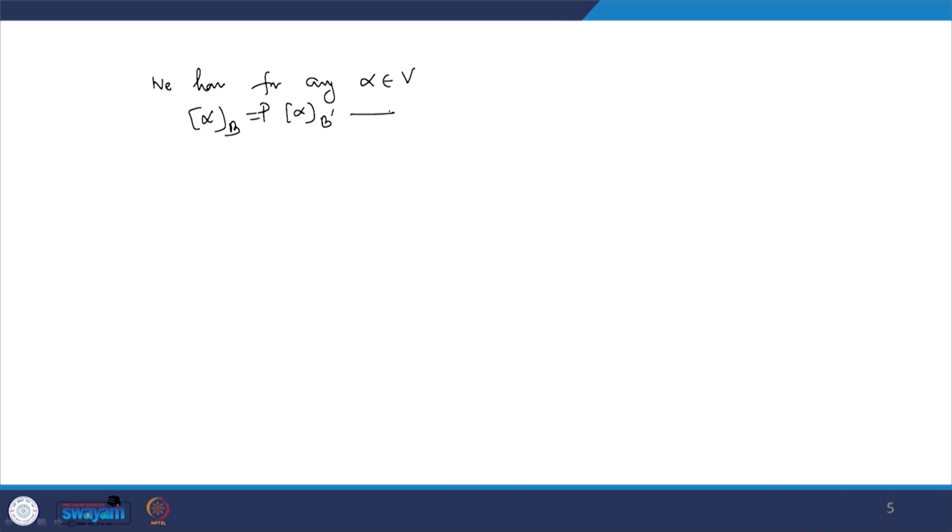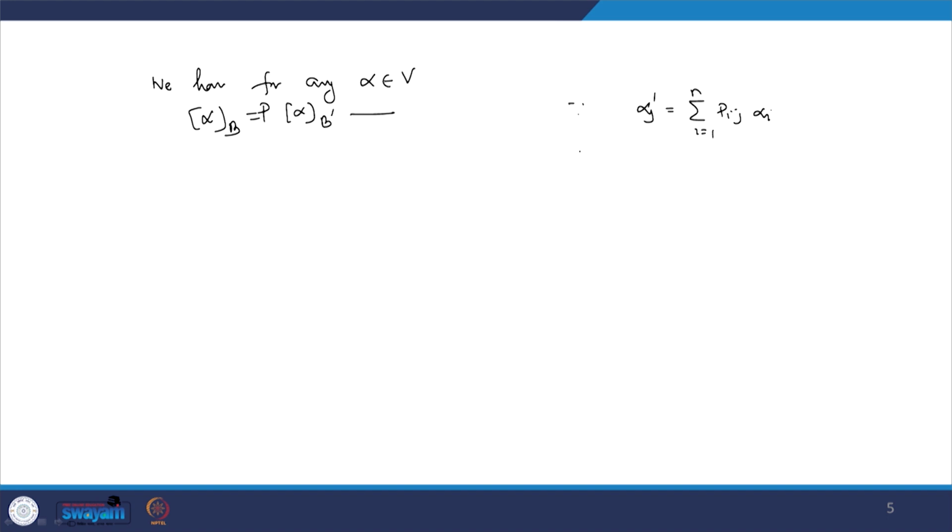And that is because we know every alpha j prime can be written as a linear combination of alpha i, i equal to 1 to n.